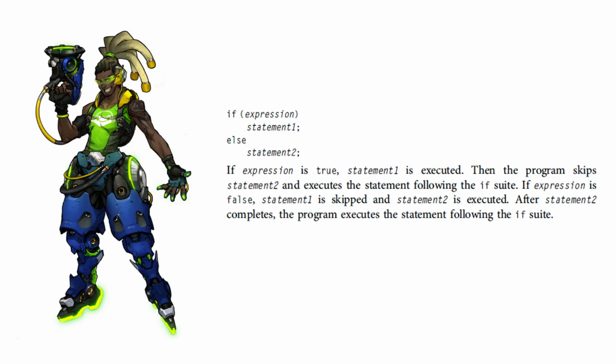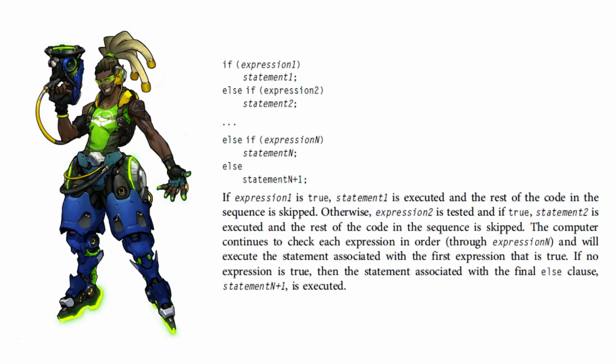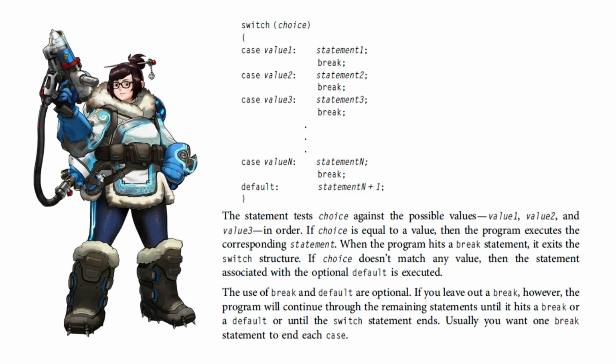Otherwise, if it's false, run statement 2. And an if-else if allows you to write as many of those conditions as you want based on those expressions. A switch statement is like an if-else if. You can convert any if-else if block to a switch statement as long as you're using an integer as your expression.